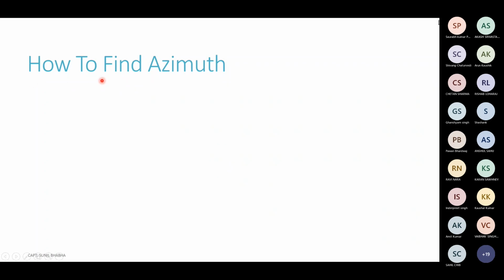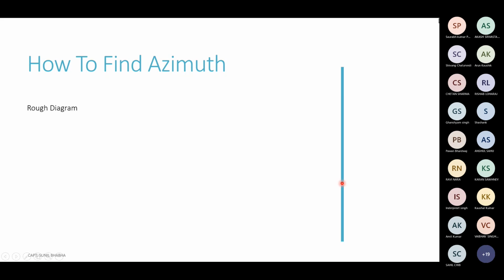Now, let me explain to you an easy method how to determine the azimuth of the body theoretically. Just draw a simple rough diagram showing the meridian of the observer.